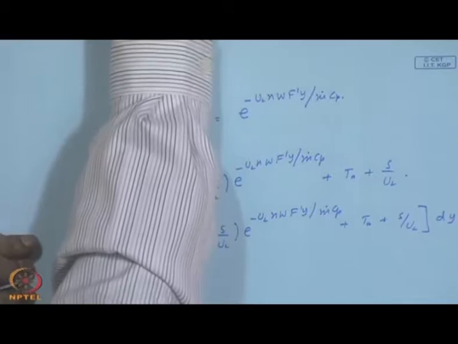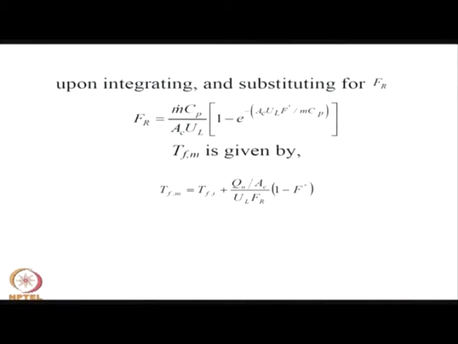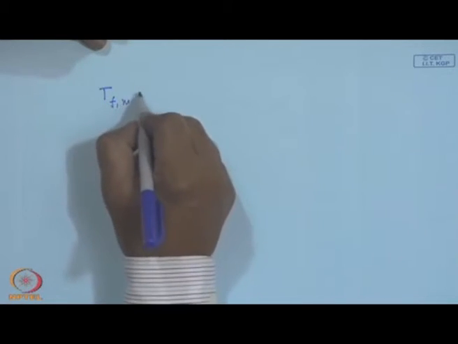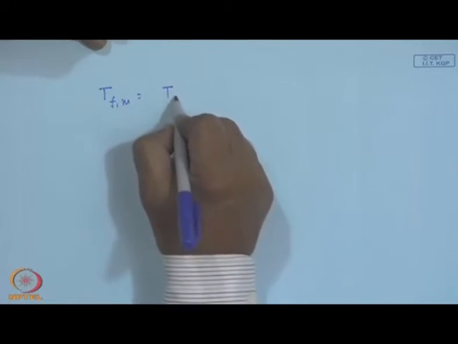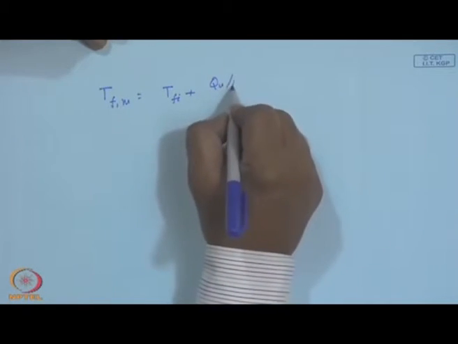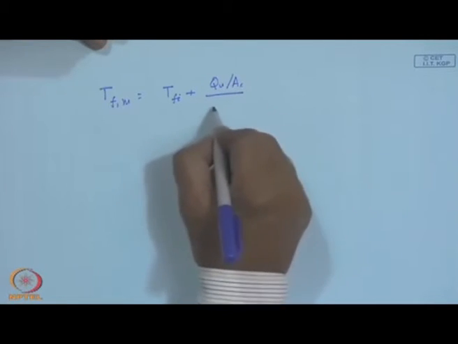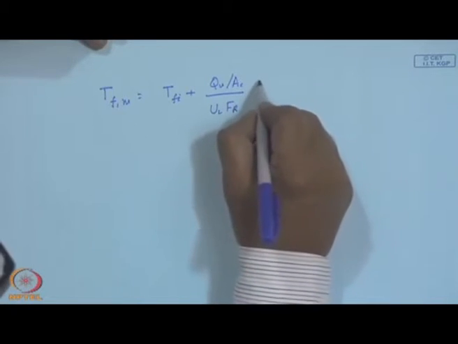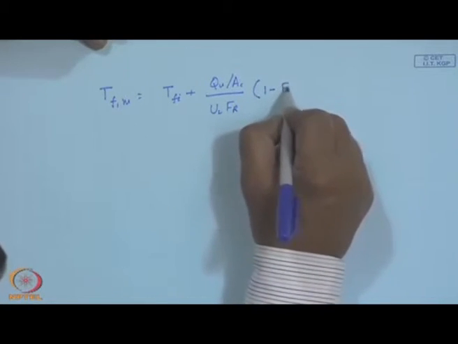So, this is a simple thing to integrate, exponential function only, and use substitute for F R, which we already know. T f m is simply given by T f i plus Q u by A c by U L F R times 1 minus F double prime.